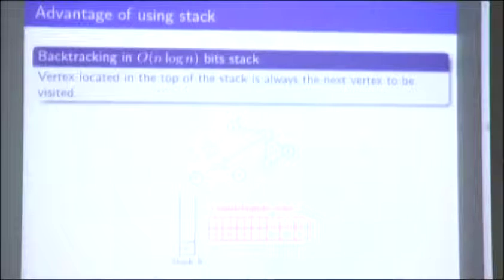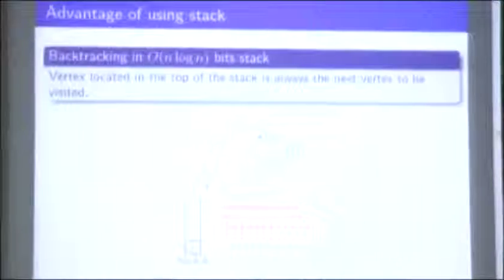The vertex located at the top of the stack is always the next vertex to be visited. This figure shows this state. We are now at vertex E. Then we have to find the next unvisited vertex. It's C. We look at the top of the stack, and it's C. So we go back to the branch of C and find the next unvisited vertex.